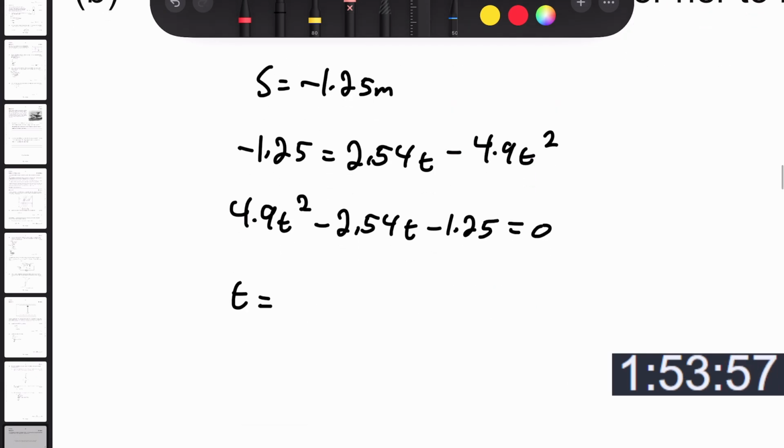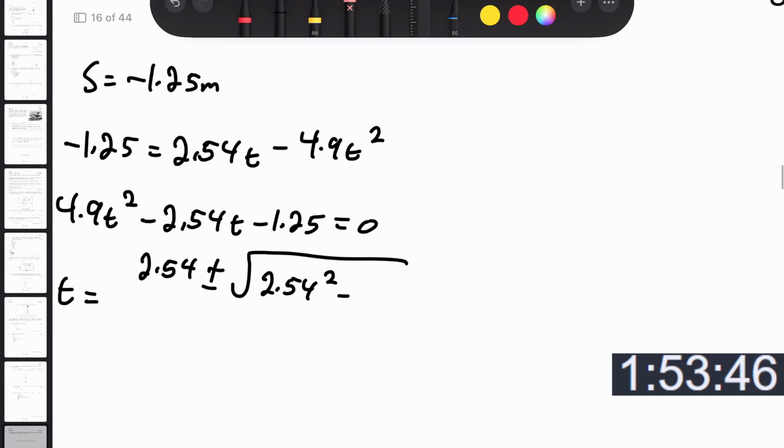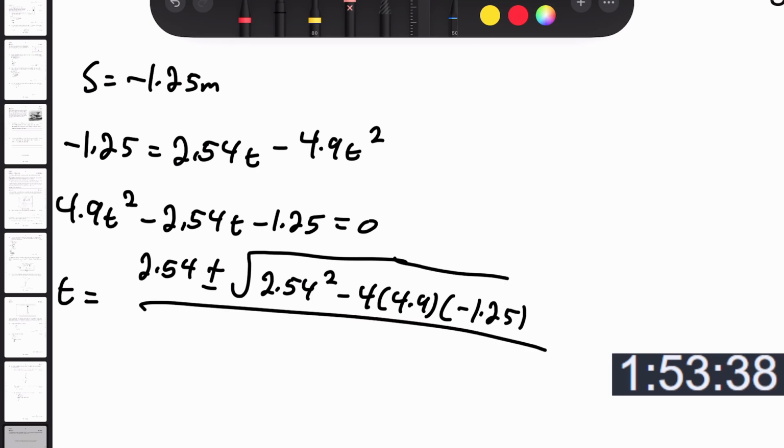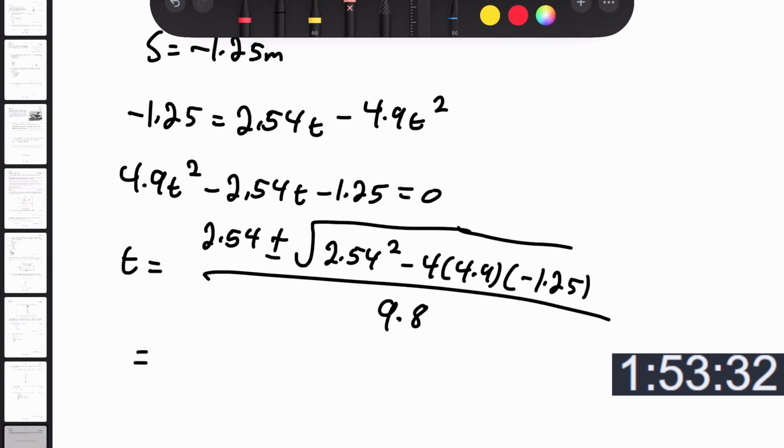So then t is going to be 2.54 plus or minus square root of 2.54 squared minus 4ac, all over 2a. So this is 2.54 plus square root of 2.54 squared plus 4 times 4.9 times 1.25, and 9.8.